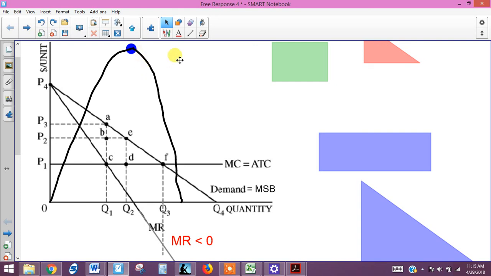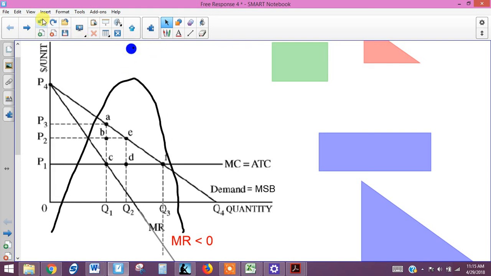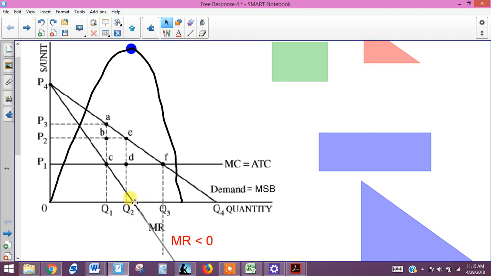So the numerator is equal to the denominator, so it's going to be 1, right here, and that is where marginal revenue is 0, and where total revenue is maximum with a slope of 0. Now, they may not ask you all that, but it's important. It's very good to know that.